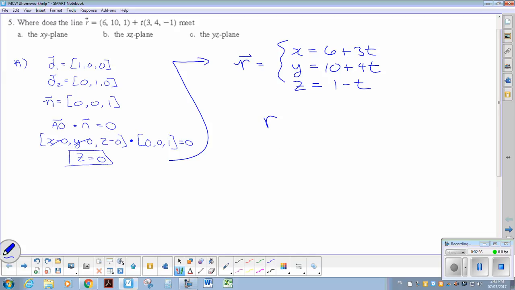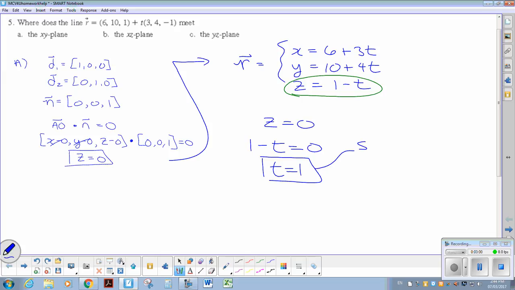And the equation of the plane is z equals 0. So there's my plane. Now I do my substitution. There's only one substitution to do, and that is the z value. So 1 minus t equals 0. B and C are going to be equally simple because the equations for those planes are very similar to that. So we end up with t equals 1.